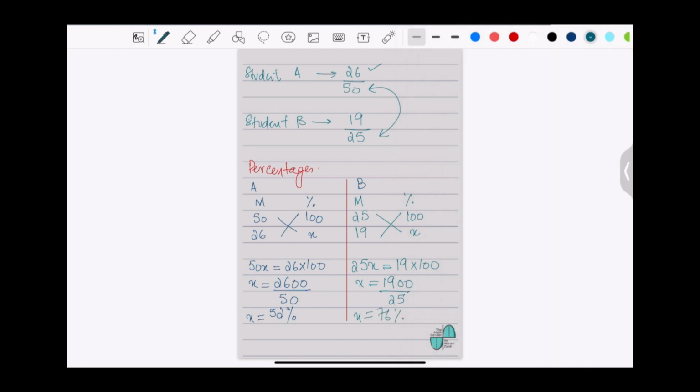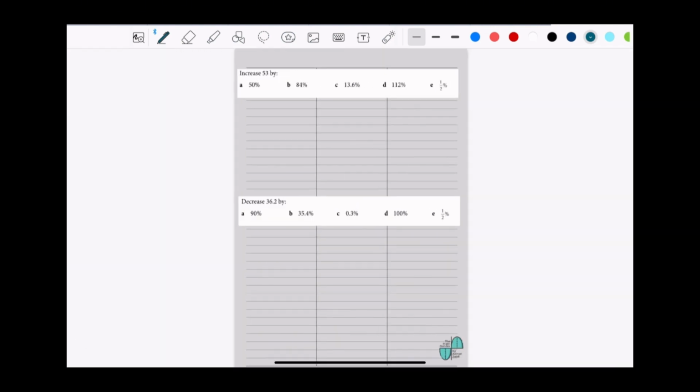So this is now on the same scale out of 100, we can compare both of them, which one scored better. So let's look at some of the questions that we have.